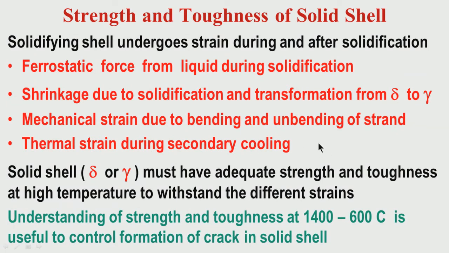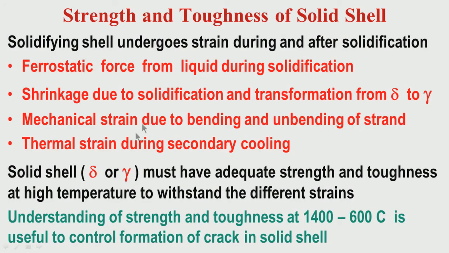The surface is cooled relatively more, the interior is hot. So, because of the temperature difference due to the secondary cooling, there is a thermal strain. So, you can make out so many strains are operating on the solid shell, on the strand, unlike ingot casting. That is why during continuous casting we have to be more careful about these strains.